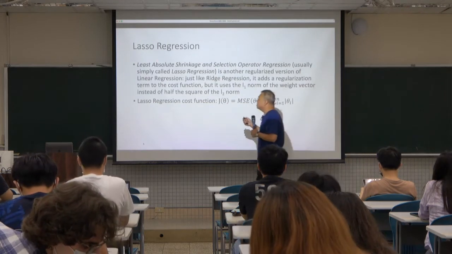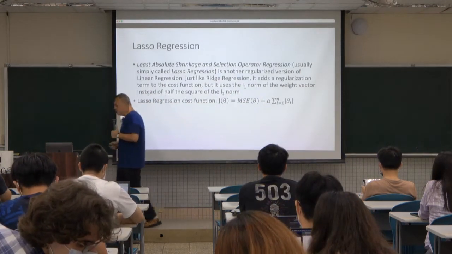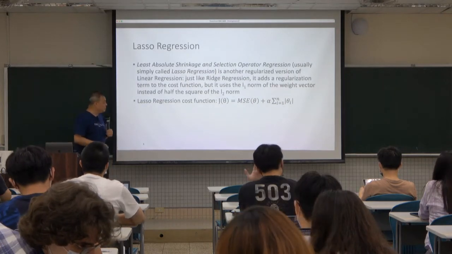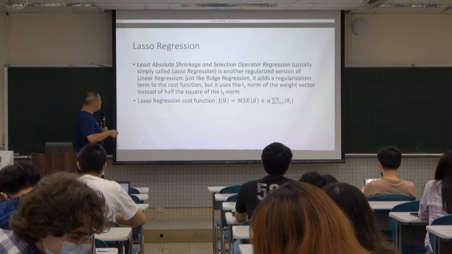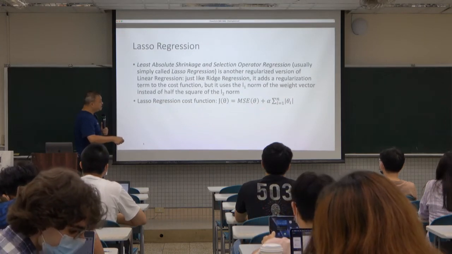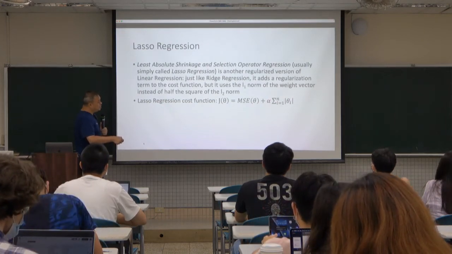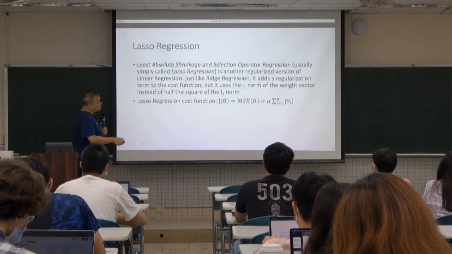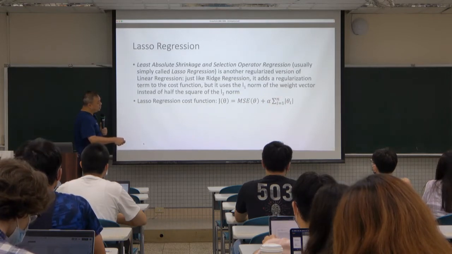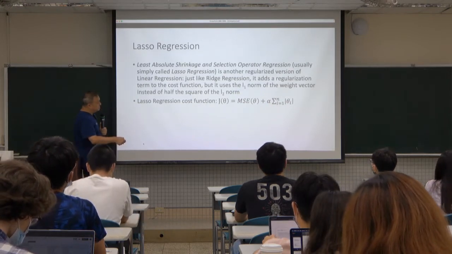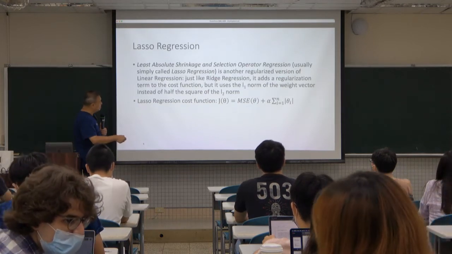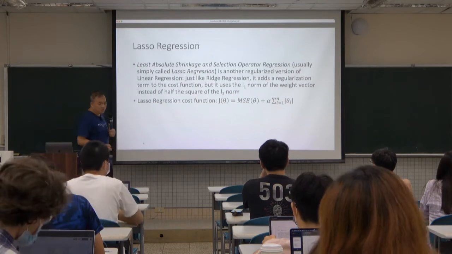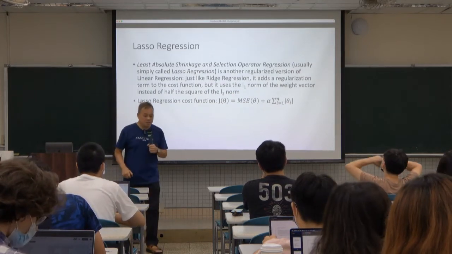Compared with ridge, you can see the difference is that in ridge we add the sum of the squares of all the coefficients as the penalty term in the cost function.